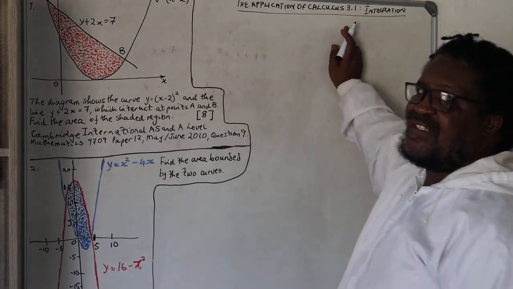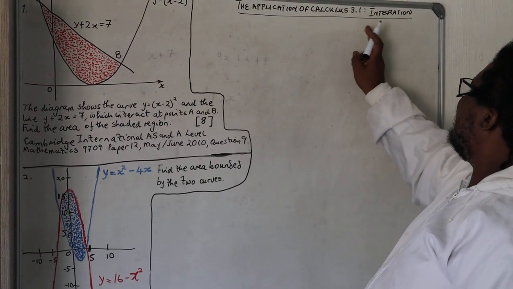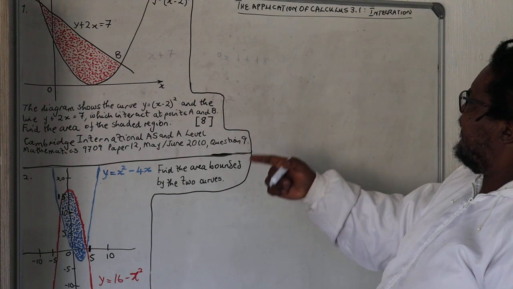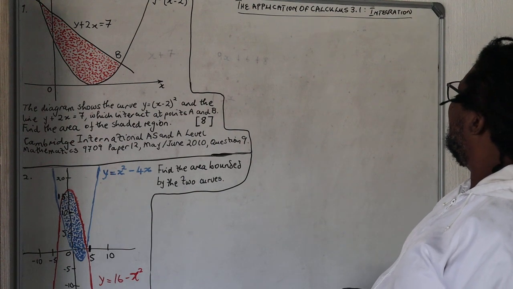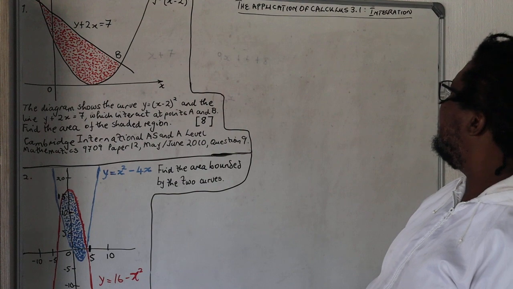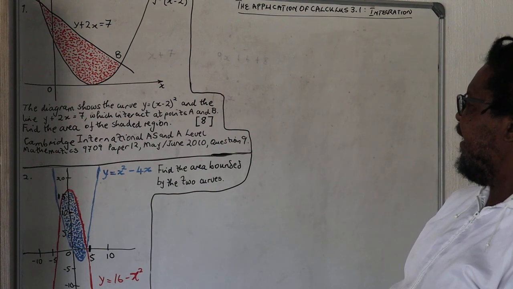The reason why I chose 3.1 is because the first question we called it 3. So just for you to understand that it is the same kind of questions for calculating areas bounded by curves, so they are somehow related to each other.